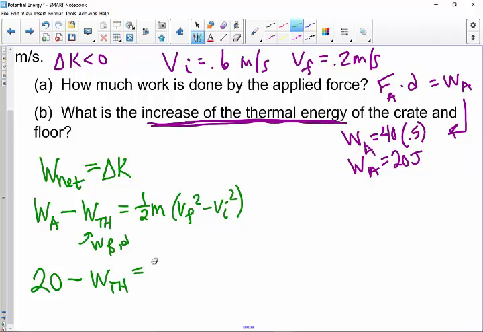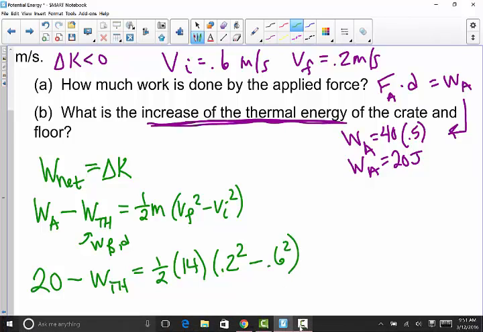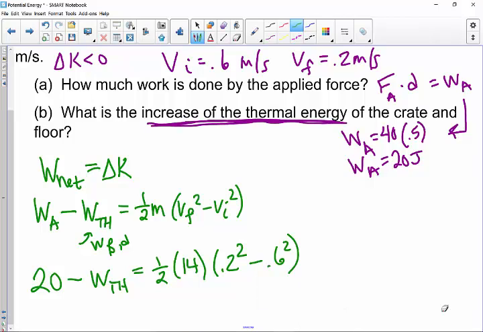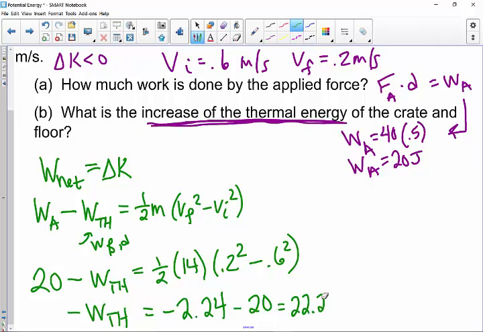The mass is 14 kilograms. The final speed was 0.2 meters per second, and the initial speed was 0.6 meters per second, because remember, it slowed. Now, this ends up being negative 2.24. Then we're going to subtract the 20. And this tells us that the negative thermal energy is equal to negative 22.24 joules.